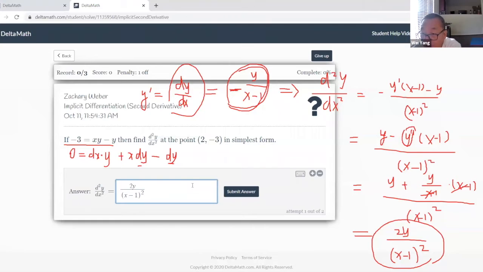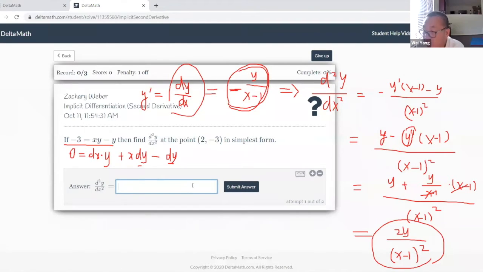Oh, wait. See this one, at the point 2, negative 3, in the simplest form. Looks like they're looking for a number. Oh, okay. So they give you this point, which means we need to plug this number in here.